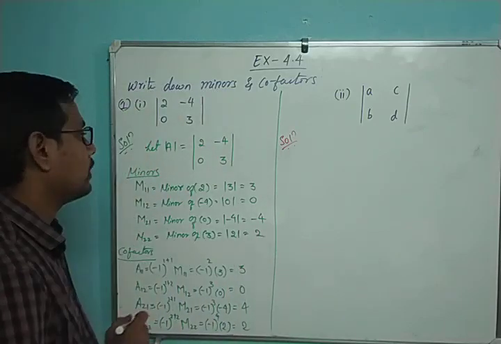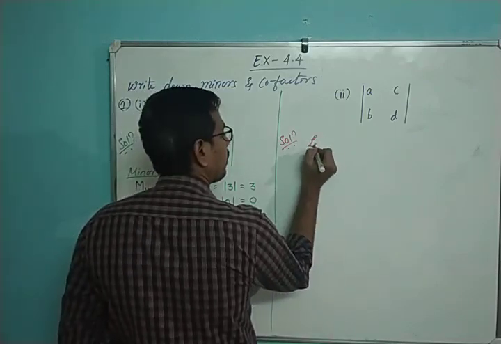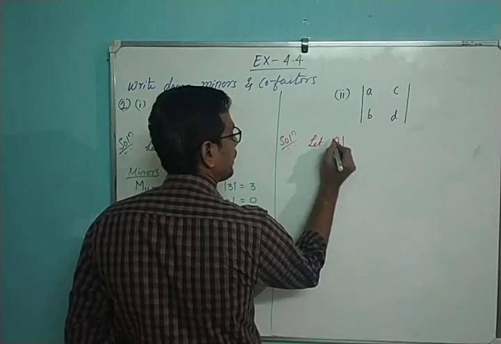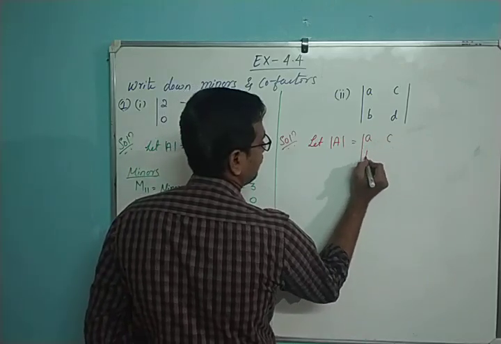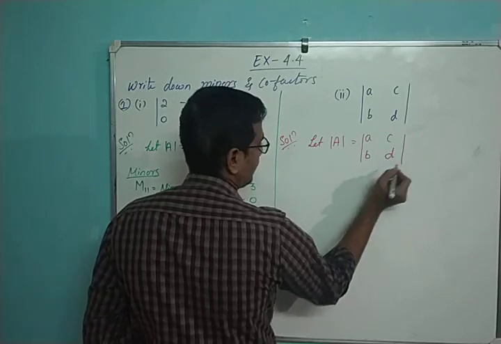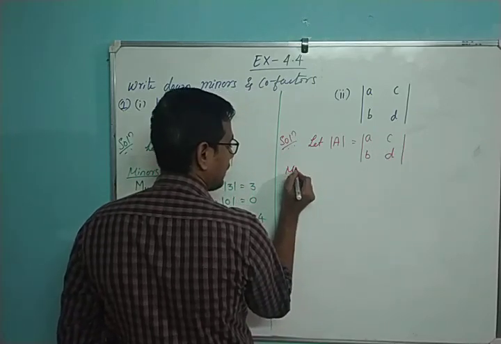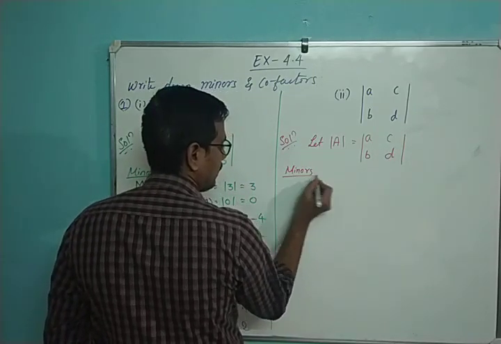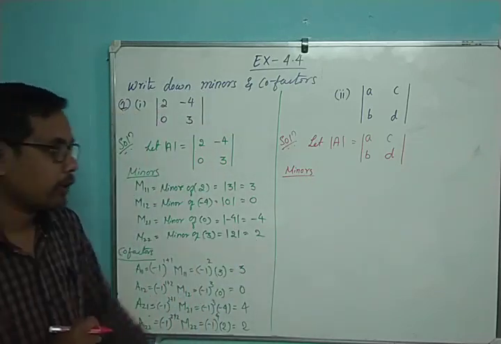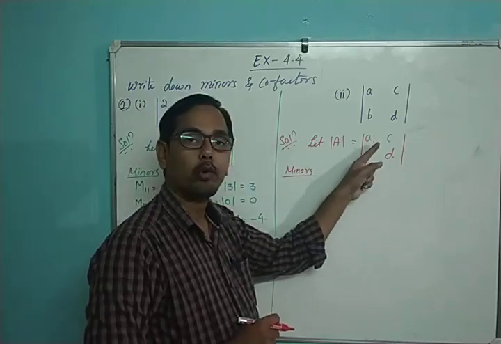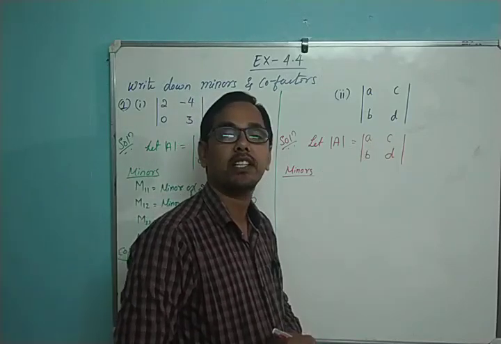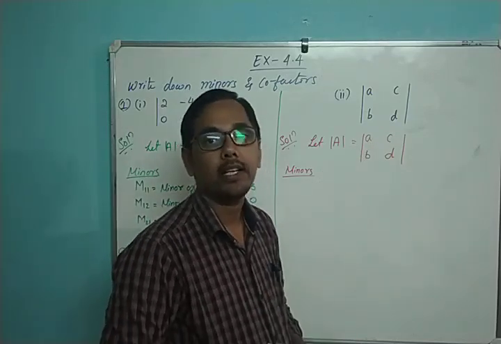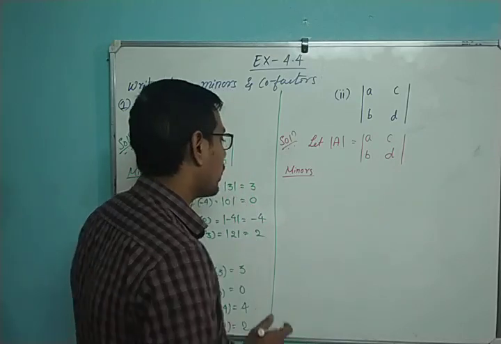Here also, let determinant A be A, C, B, D. Now minors. Minors are calculated for each and every element. For A, if I want to calculate, I should leave the row and column containing A, and the remaining element should be expressed as a determinant, and then I have to calculate the value of that determinant.